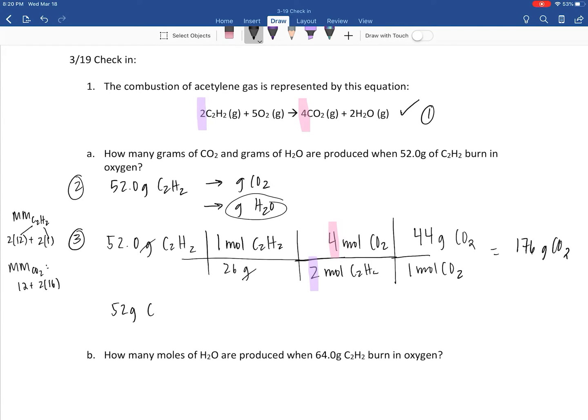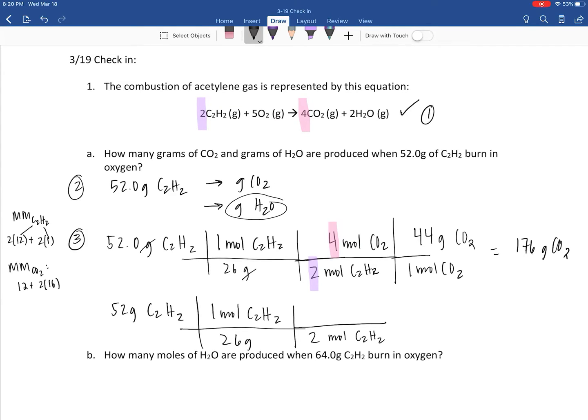We have 52 grams. We're starting exactly the same way. I need to go to moles of C2H2. So it's exactly the same up until this point, but now we're a little bit different. I need moles of C2H2 on the bottom, so I have 2 moles of C2H2. I'm going to link this up here.